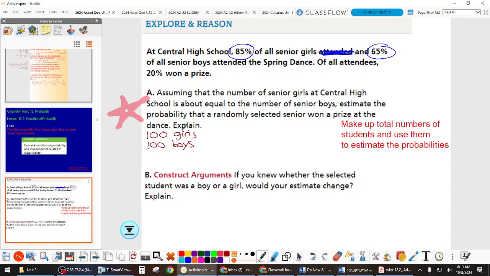That makes it exactly equal. How many girls went? Okay. Yeah, and then 65 boys. So, what is that, 150, I think? 150 students attended the dance. 150 senior students, I should say.